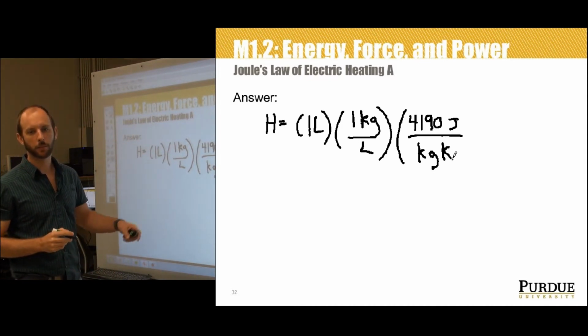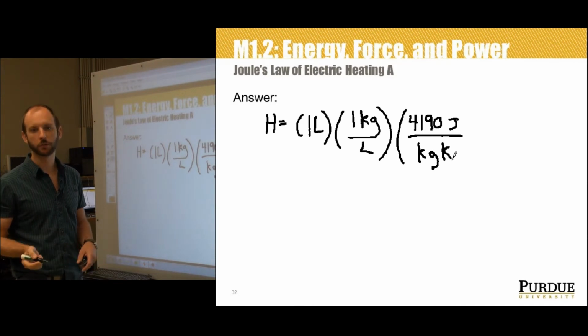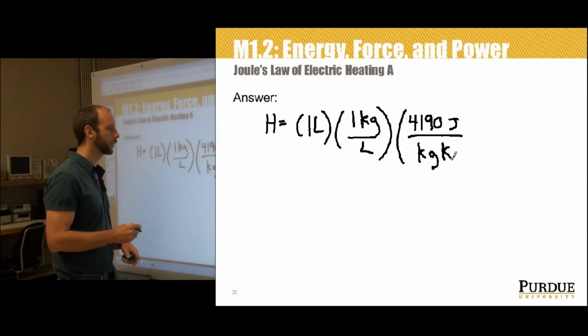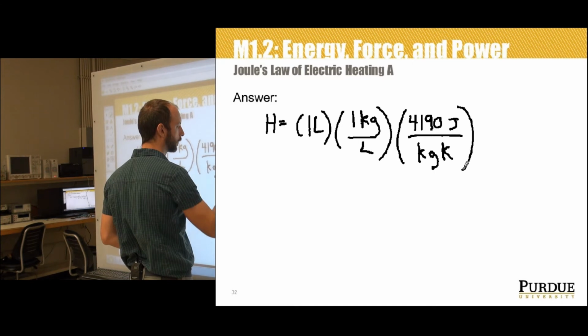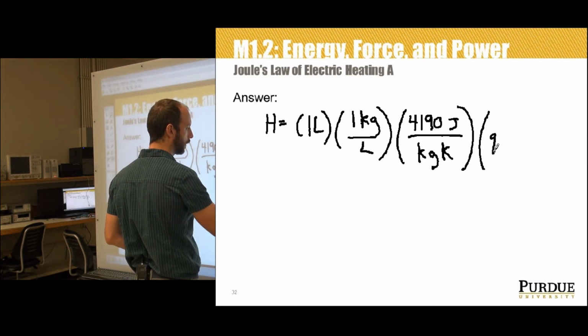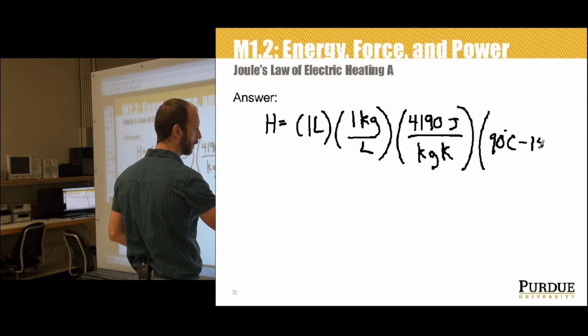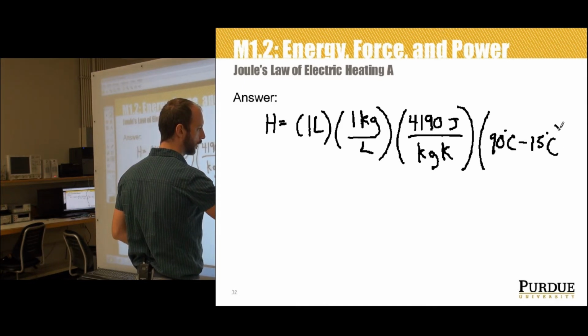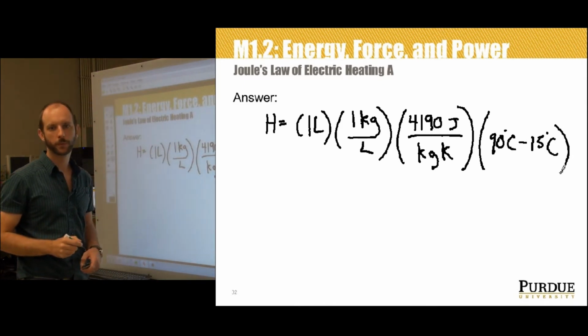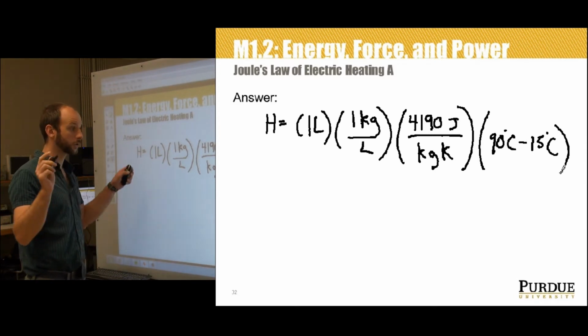And then we need to multiply by the temperature change, which we started at 15 degrees Celsius and we went to 90 degrees Celsius. So that's 90 minus 15. And you may be screaming at me right now.